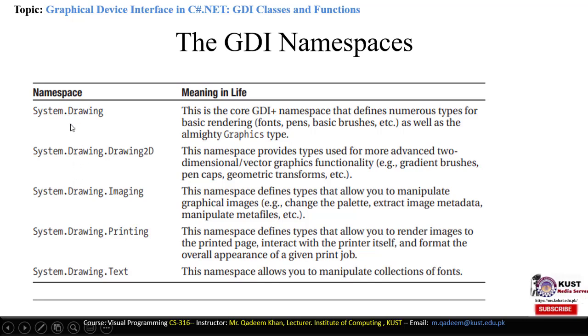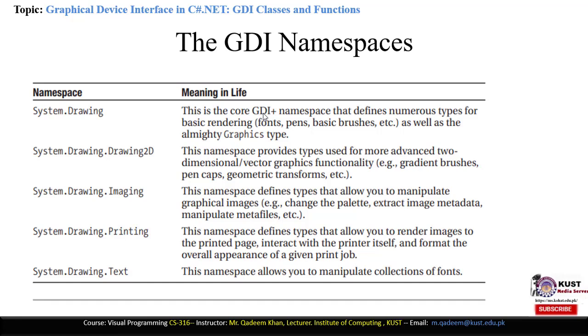First namespace or library is called System.Drawing. Now this is a very important GDI plus namespace. GDI plus means that the GDI has been extended for the web application as well as for the Windows applications, and that provides more components to be drawn on the form.